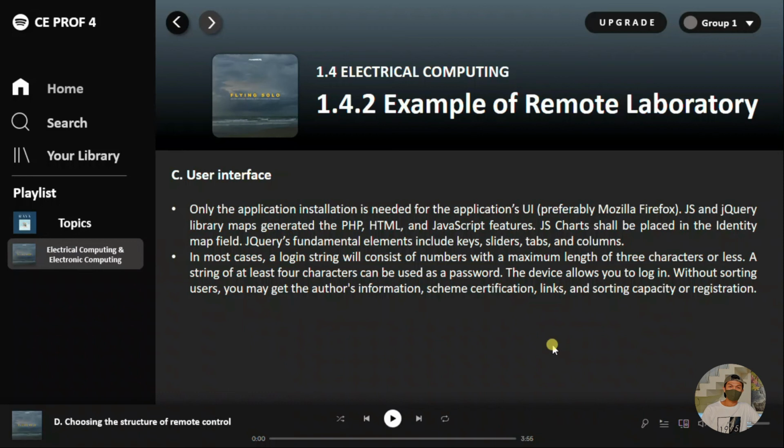PHP means hypertext preprocessor, a popular scripting language that is used to create dynamic web pages. And HTML means hypertext markup language. Kana siya kay system for tagging text files to achieve font colors, graphics, and hyperlink effects on World Wide Web pages.